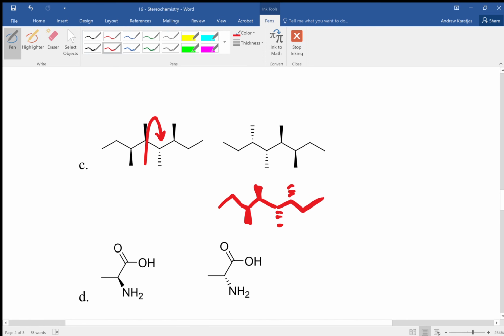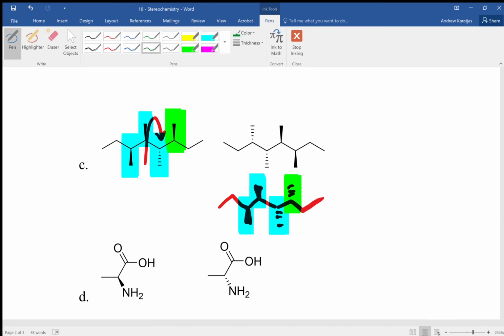And if I do that, you can see that, and this is a great case where models will help you. That stereocenter is the same. That one's the same. That one's the same. But this one has been flipped. Since we flipped one stereocenter, but not all of the stereocenters, those are diastereomers.